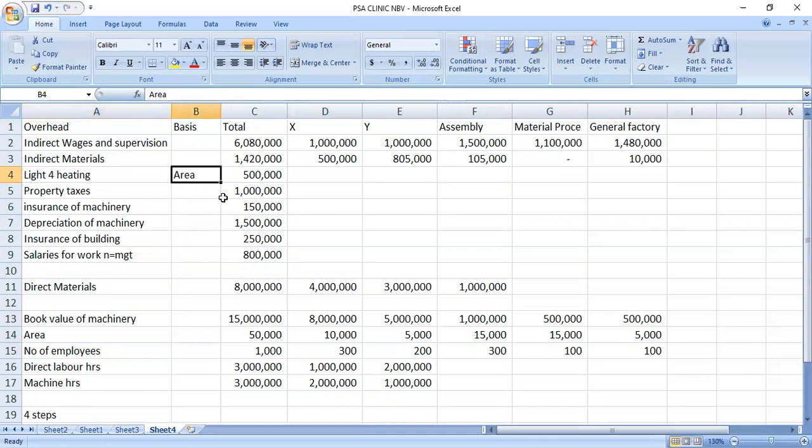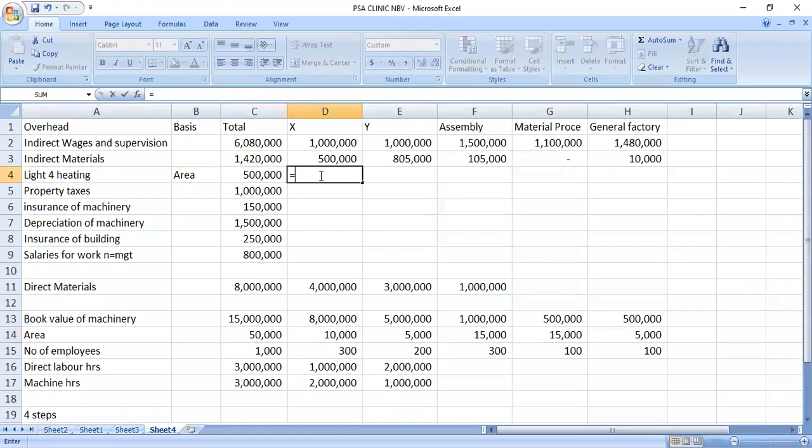So after getting the basis, you know that you're going to use area. Then you get the portions. So for X, the rate, or what you call the portion, is given by the 10 divided by the total, so that is 10 over 50. And then you attach the rate to the cost of the overhead itself.